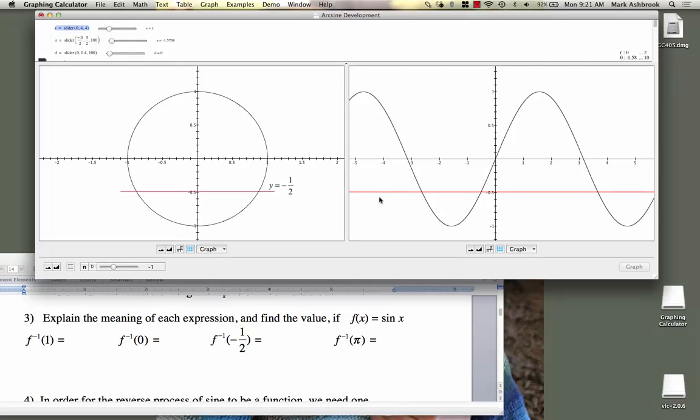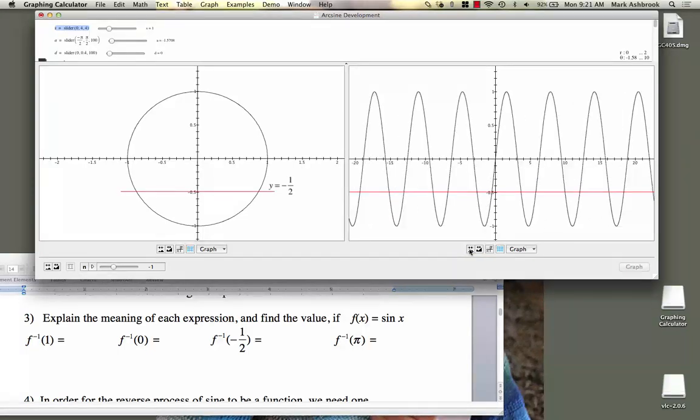Right now I've got it at the input of -1/2 radius length. There's our sine curve. There's an infinite number of angles that put you -1/2 radius length below the horizontal diameter. All these angles, so here, there's an angle here, there's an angle here, there's an angle here.